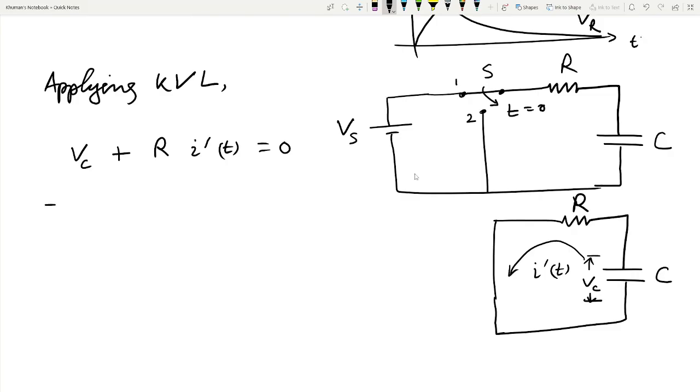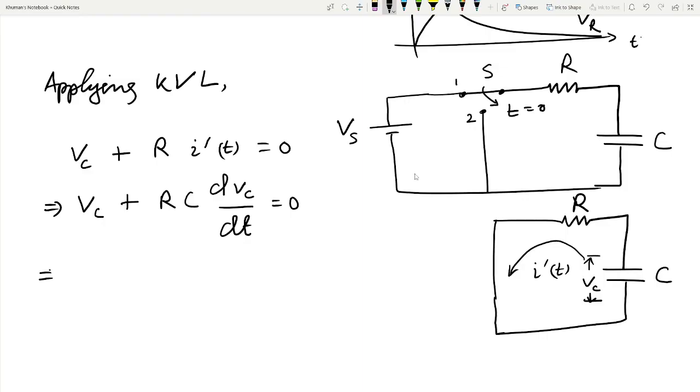Okay, then VC plus RC dVC by dt, where i prime t is the discharge current. Okay, this is the discharge current.